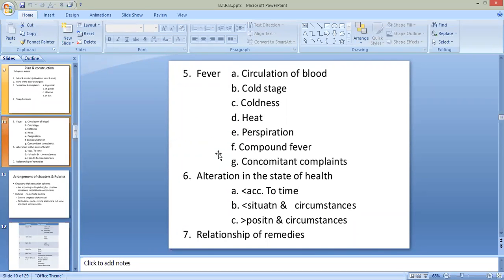In this way, for arranging the rubrics related to time aggravation, there is again a definite order. Then rubrics related to aggravations related to situations and circumstances. Lot of rubrics are given under this section.